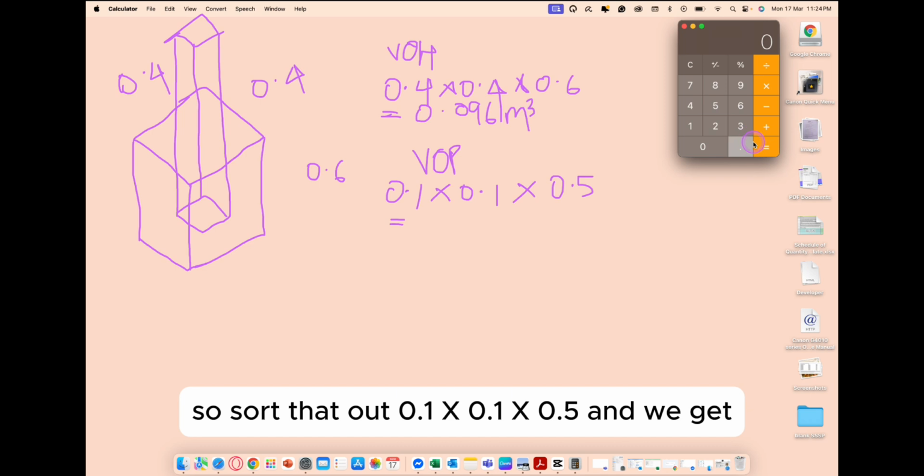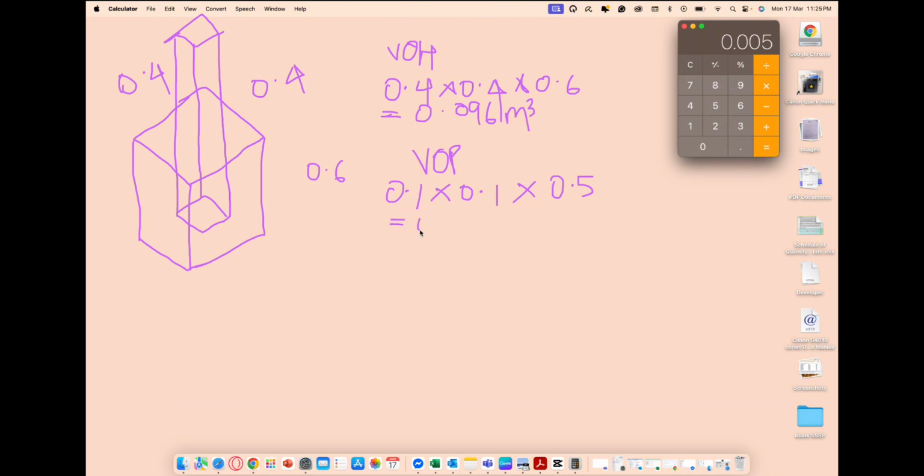So let's work that out. 0.1 times 0.1 times 0.5, and we get 0.005. Cool.